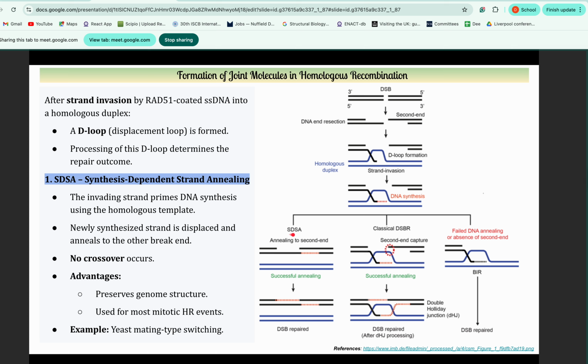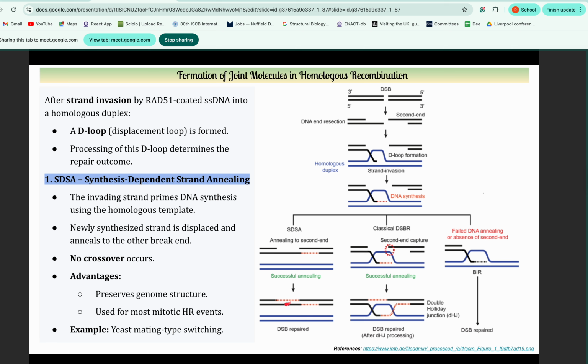So the first one is SDSA, which means synthesis dependent strand annealing. So in this case the invading strand primes the DNA synthesis using a homologous template. When this invasion has happened, this fragment will synthesize the complementary DNA to our invaded strand, and the newly synthesized strand will be displaced and annealed to the other break end.